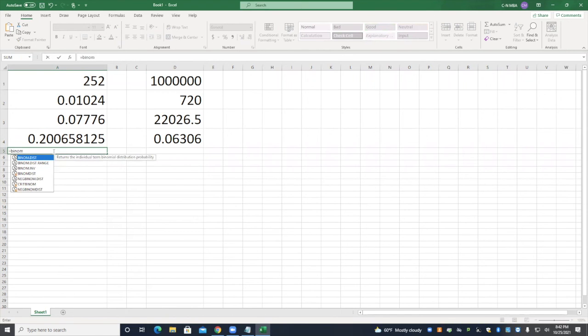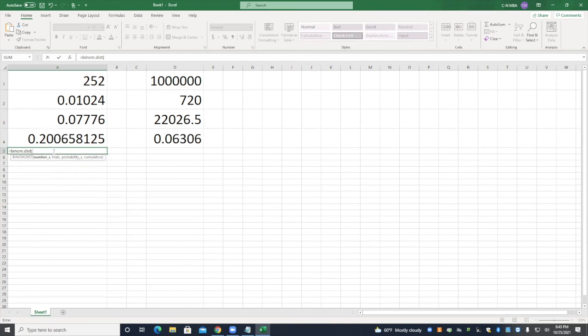The nice thing about Excel is that if you start typing binomial, it shows you the functions list. You can use this one, binom dot this. Once you open it, it tells you the syntax. In the parentheses, it says number S. That's number of successes.